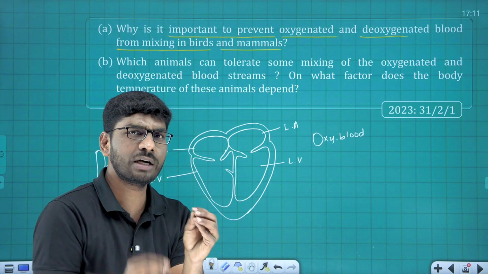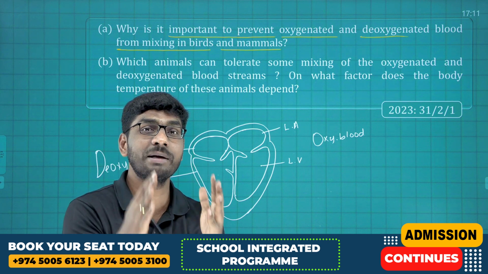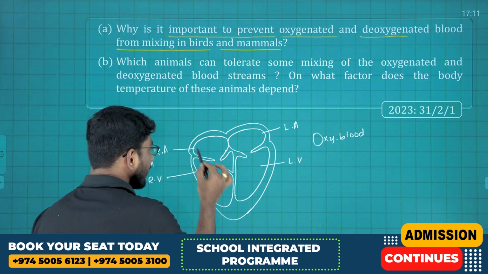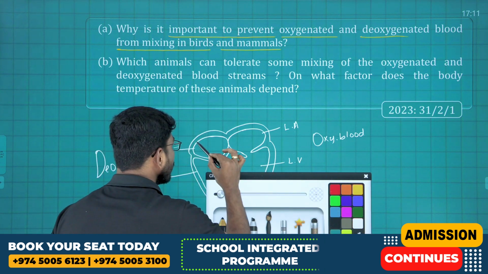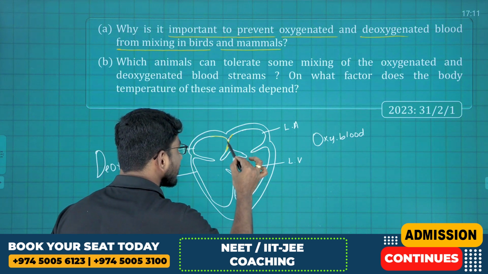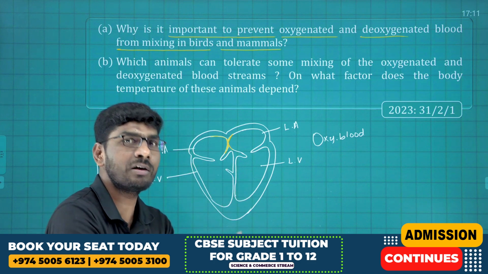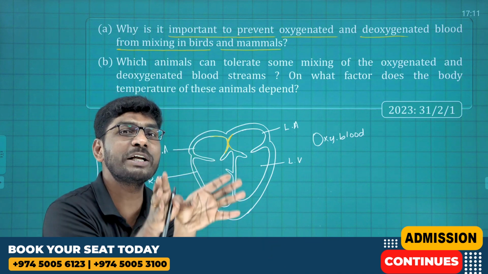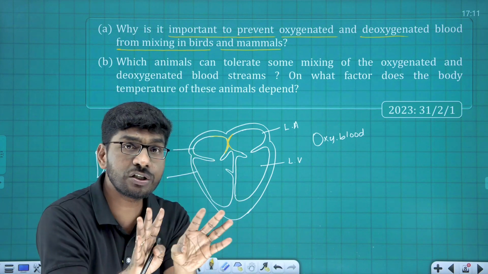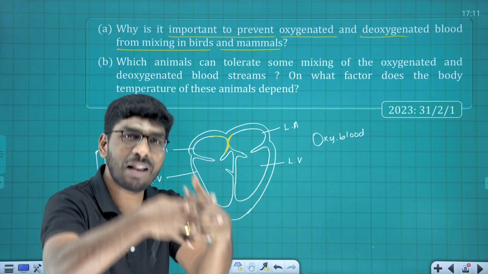If you closely look at the anatomy of the heart, there are septums, students. Look at here, this is the right side. If you closely look at the right auricle and left auricle, there is a septum. This septum is the interauricular septum, the septum between the 2 auricles, which will not allow mixing of blood.